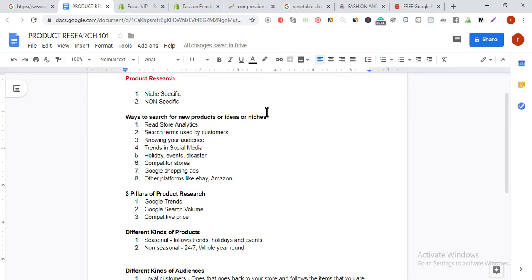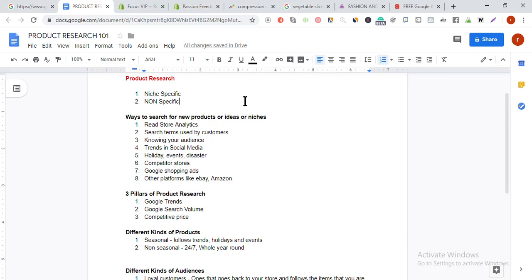Just spy on your competitors. Look for new trends, look for new items in regards to the items that you are already selling or the niche that you have. For non-specific, this will be a lot broader, a lot wider. But for starters, for a non-specific niche store, I think the easiest way to find new items to test is through social media.